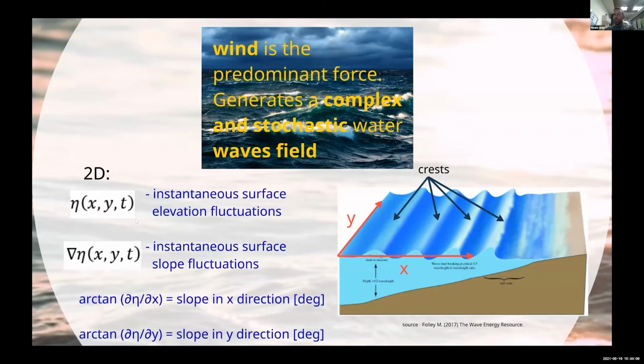A few basic definitions: eta as a function of x, y, and t represents the instantaneous surface elevation fluctuations, and its gradient gives us the surface slope. If we apply arctangent in the x and y directions, we get this slope in these directions in degrees. And here you can see an illustration of a wave propagating to the shore.